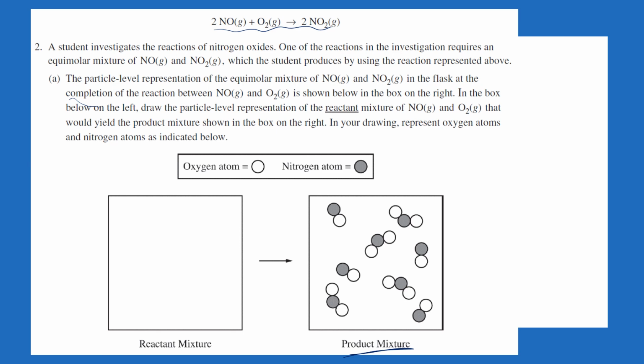Okay, so let's look at this. We have 4 of the NO2s present and we have 4 of the NOs present. Okay, so these are the new things. Okay, the 4 NO did not change. So I'm going to go ahead and just redraw those 4 NO molecules.